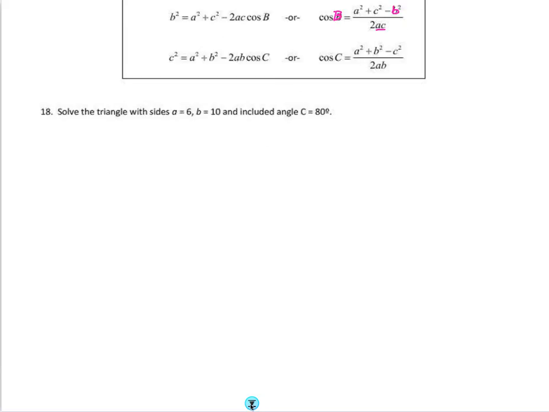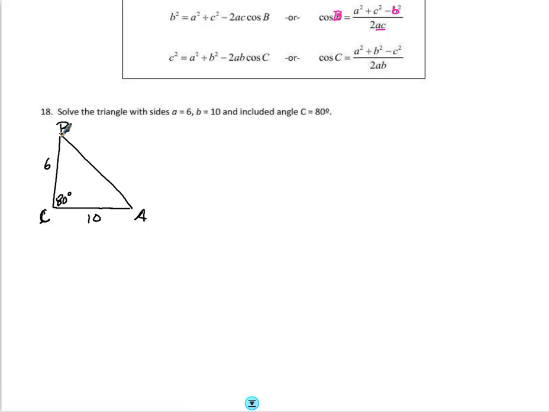Solve the triangle given little a is 6, little b is 10, and the included angle C is 80 degrees. I'm going to draw a picture here where angle C is 80 degrees, and it's included between the two sides, 6 and 10, labeling the three vertices and the sides I know.